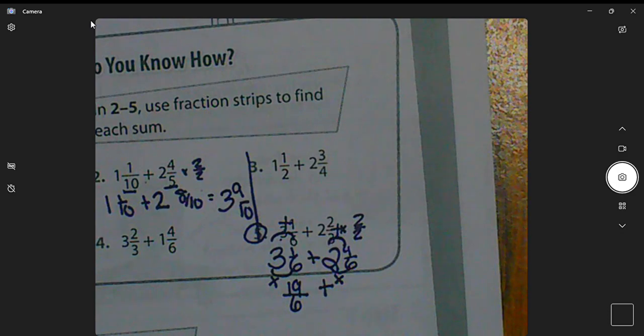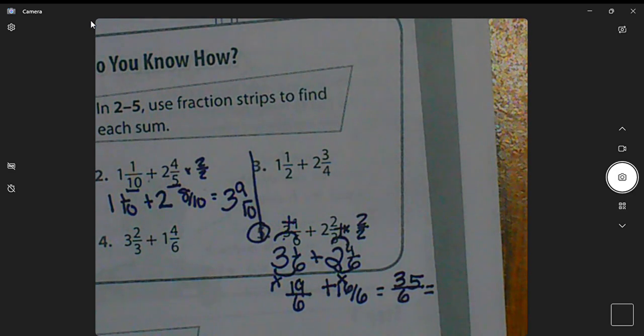You're right. Now, add these two together. 9 plus 6 is 15. So I have an extra 1 over here for the tens. 1 plus 1 is 2, plus 1 is 3. 35/6. Now, I can't leave it that way.